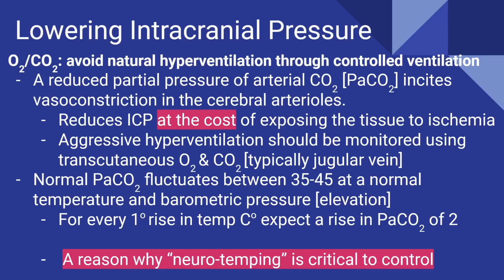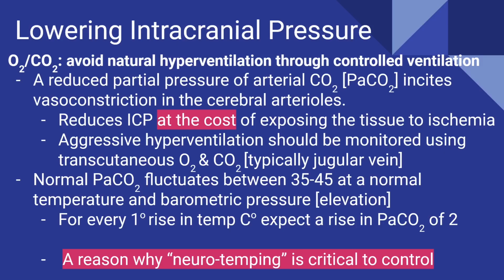So we're lowering the ICP in an acute state where ICP is, let's say, sustained at like 30, and the patient's potentially herniating. You can hyperventilate to try to reduce that ICP, but you're really causing a lot of tissue ischemia, which is going to further the deficits that you'll see in that patient.